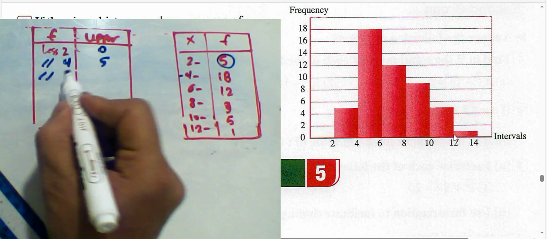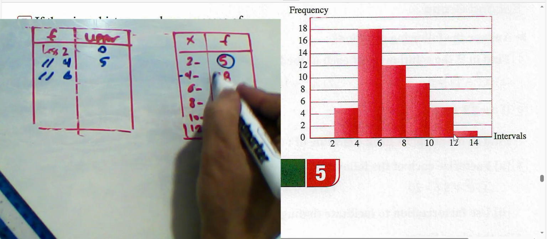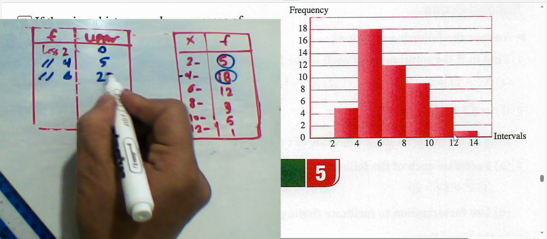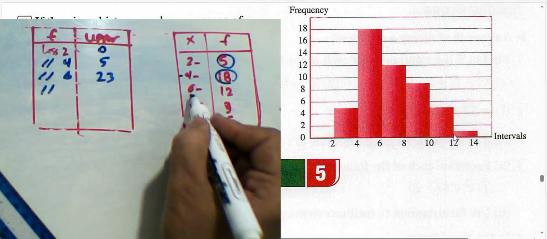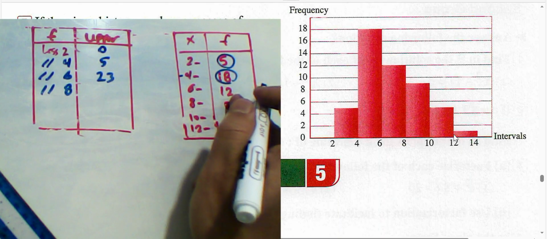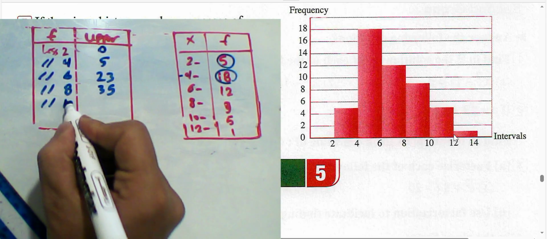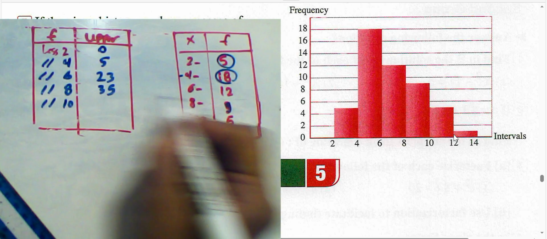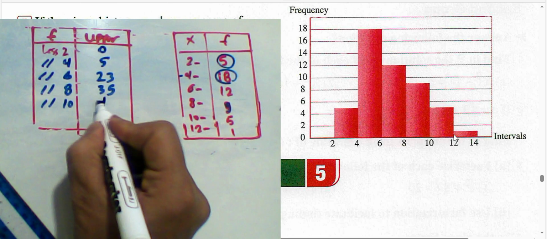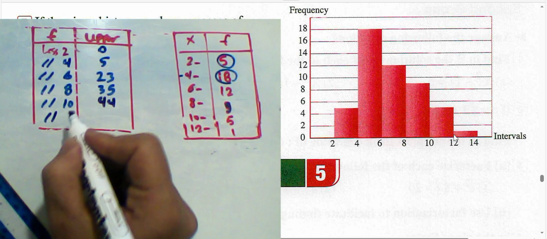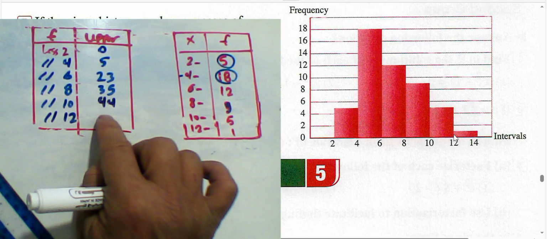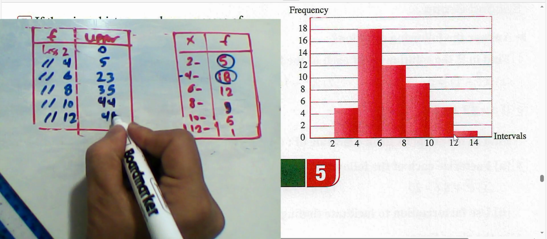Less than 6, 18 plus 5 equals 23. Less than 8, 12 plus 23 will be 35. Less than 10, 9 plus 35 will be 44. Less than 12, 44 plus 5 will be 49.